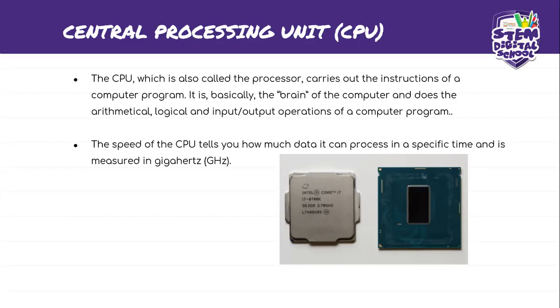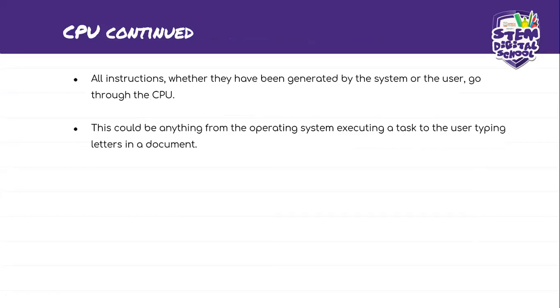Okay, now all instructions, whether they have been generated by the system or the user, go through the CPU. Like I have said, they go through the CPU. So the CPU is like the brain. This could be anything from the operating system executing a task to the user typing a letter in a document.